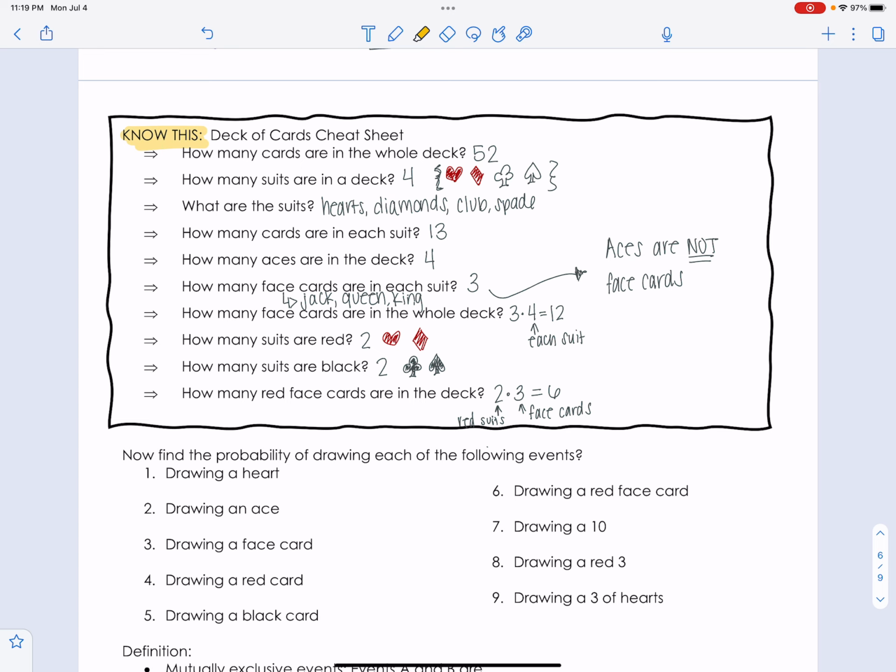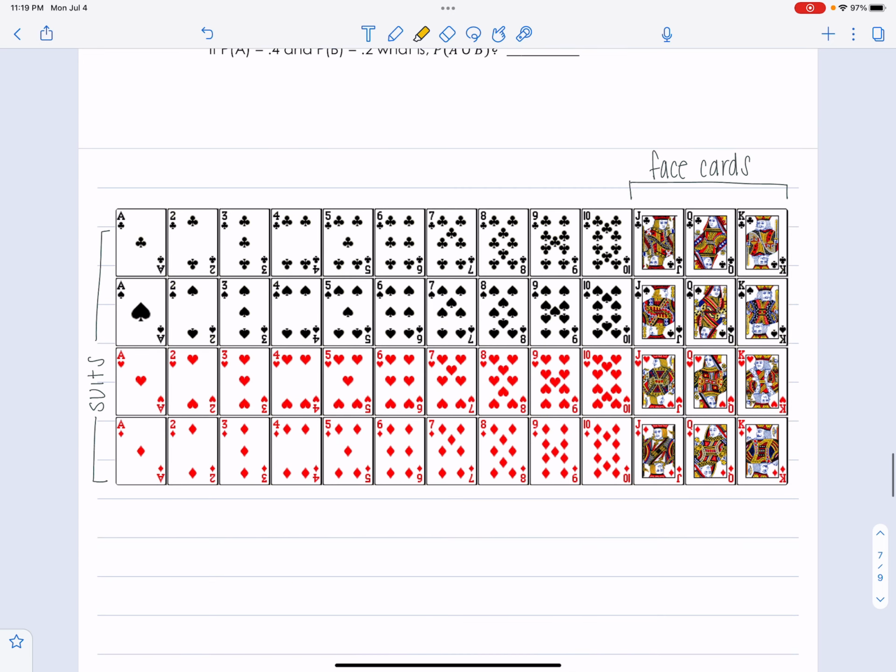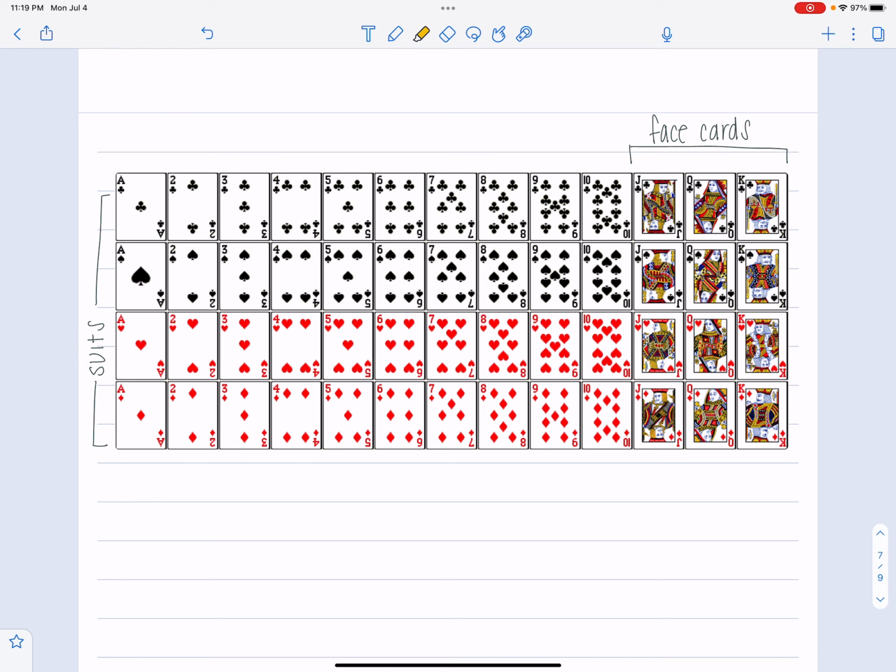But I found that the most helpful thing is this picture of a whole deck of cards. So you'll see the different suits. There are 4 suits: clubs, spades, hearts, and diamonds. And then of those 4 suits, there are 13 cards of each.